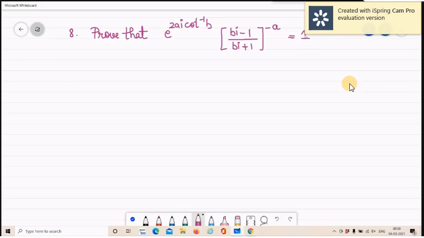Now this is what we have to prove. That is e raised to 2ai cot inverse of b into (bi minus 1) upon (bi plus 1) raised to minus a is equal to 1. This is what we have to prove.